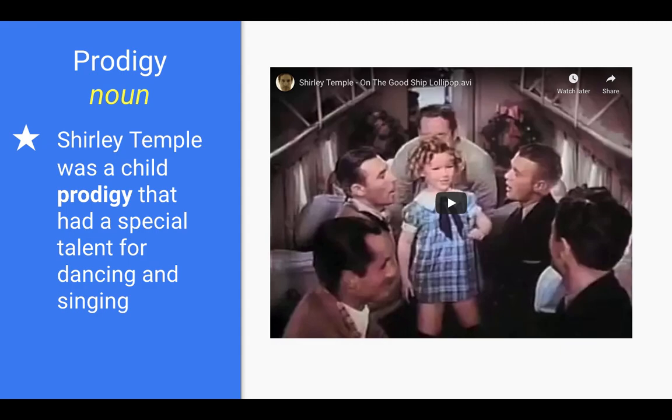This may seem like a very obscure reference, but the reason is that Shirley Temple is actually mentioned in the text that we read as a class multiple times. So this is also building some additional background knowledge for the students as well as giving context. And we play a video just to give a little bit more context.